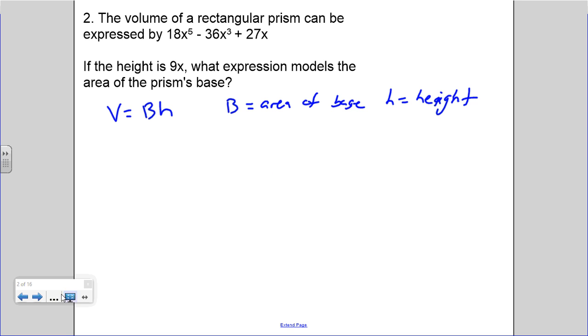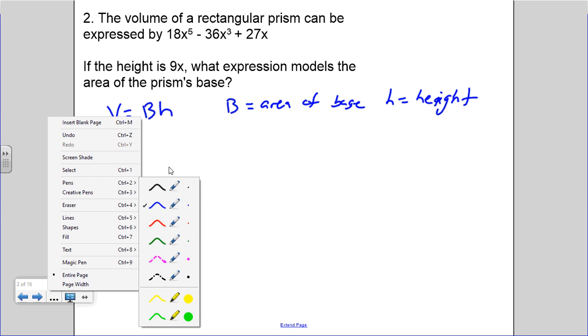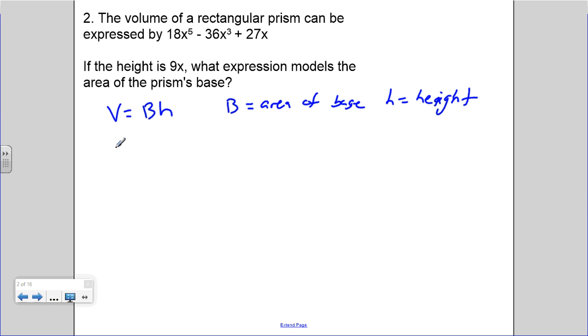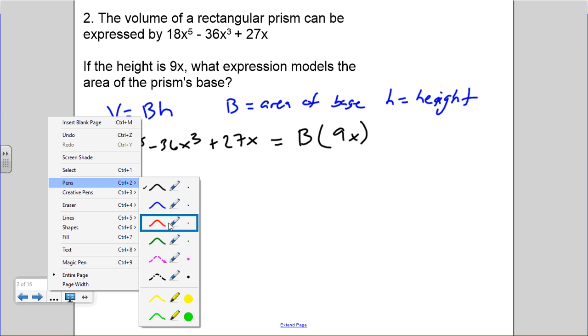So they're giving us the volume, 18x to the 5th minus 36x to the 3rd plus 27x. We don't know big B, but we do know the height is 9x. So to find big B, you're going to have to divide both sides by 9x.